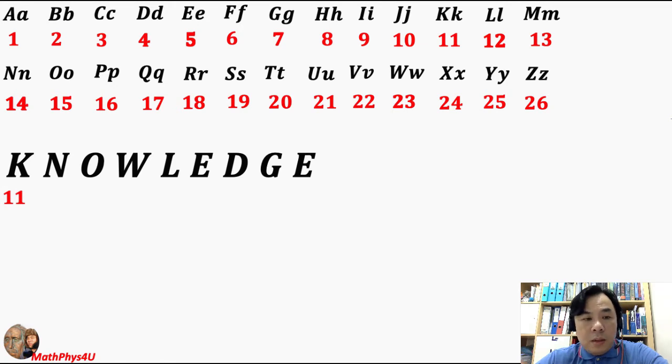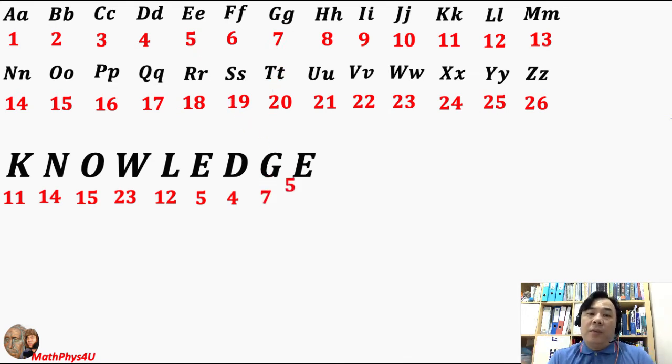And then N with the numerical value of 14. And then O as 15, W as 23, L as 12, E as 5, D as 4, G as 7, and then lastly we have E, 5 here.